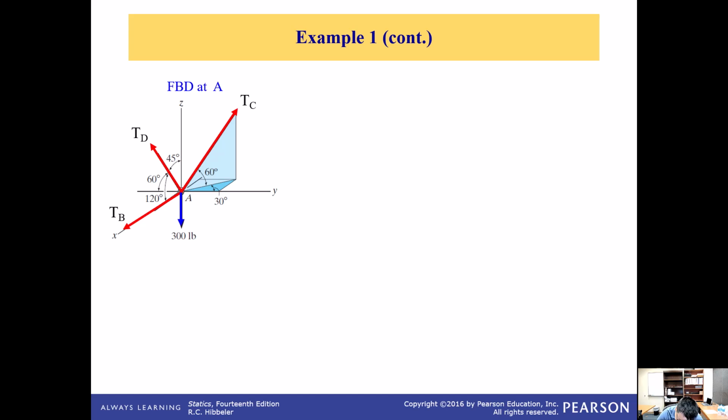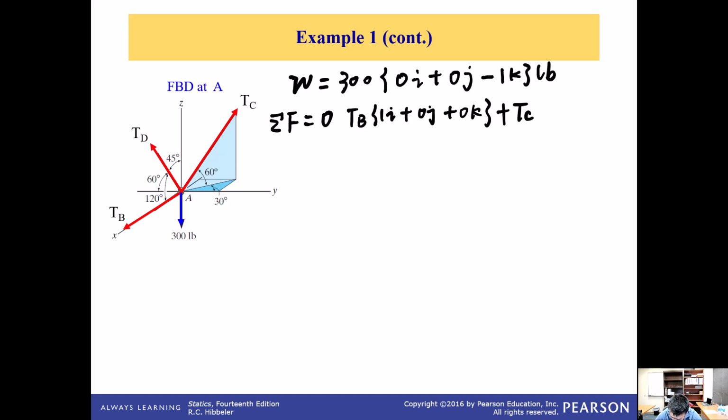So sum of F becomes TB times 1i plus 0j plus 0k, and plus TD.